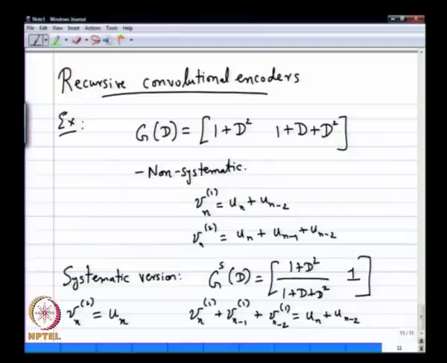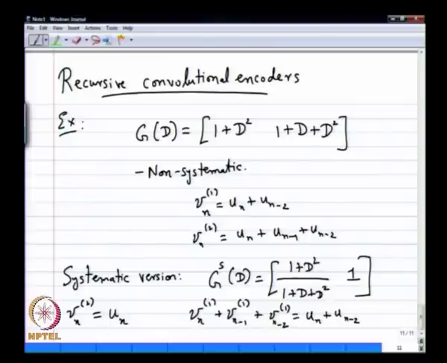Is it okay? It's clear, right? First of all, it's not even clear to me, at least when I see it just like that, that g of D and gs of D generate the same code. So you remember, if I give a k-bit input and then I terminate to all 0, now terminating to all 0 will be complicated for the systematic form.